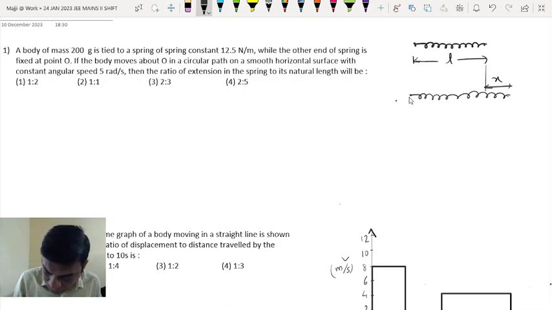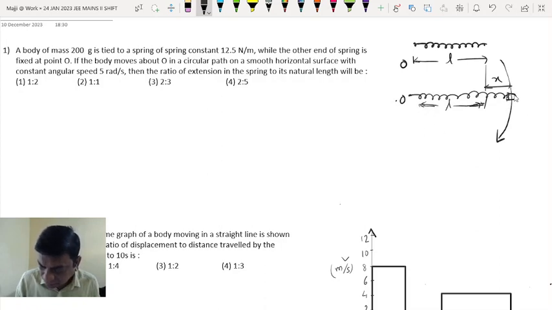Okay, so this end is fixed, which becomes the center of the circle, and this is rotating like this. Okay, so you can see the radius is L plus x, and it is rotating with an angular speed omega.